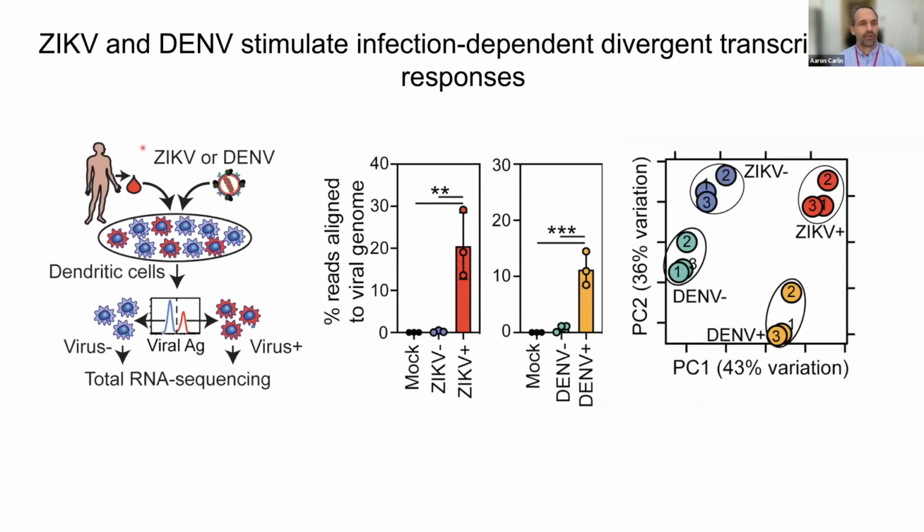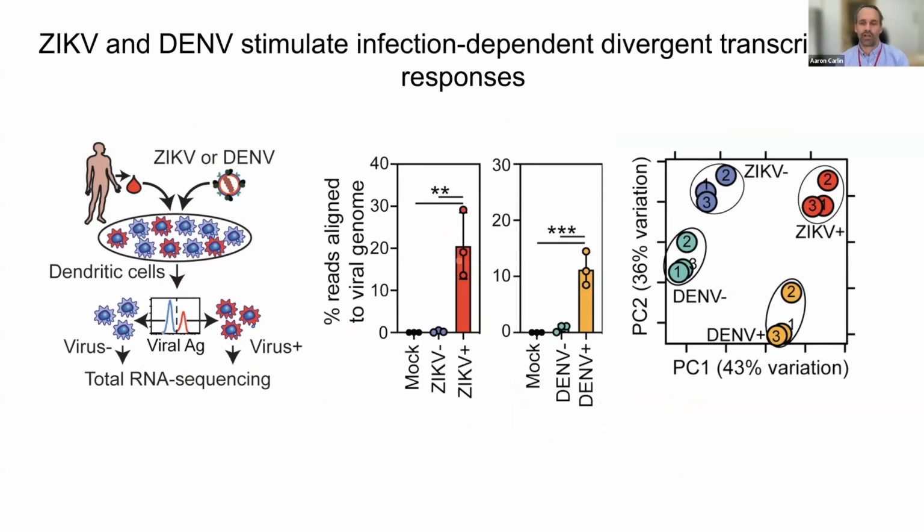Using this method, we took human blood monocyte-derived dendritic cells and infected them with Zika or dengue virus, and went through this protocol of formaldehyde fixation, intracellular staining, and FACS separation, followed by total RNA sequencing. As you can see, this nicely separates cells into infected populations.